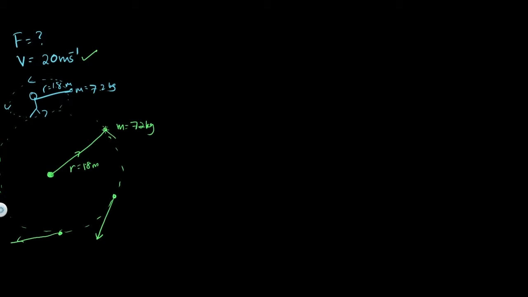So here it is moving in this direction, 20 meter per second. Here 20 meter per second. On every point on this path the speed is 20 meter per second. So that is the story of this case.